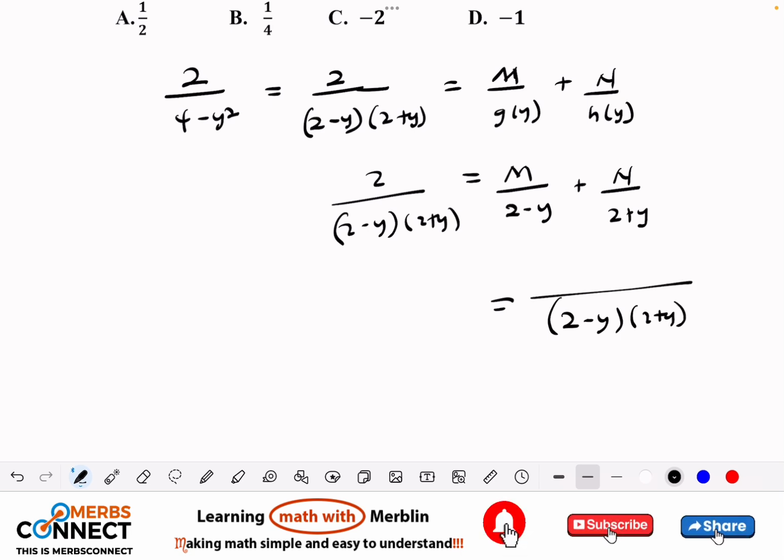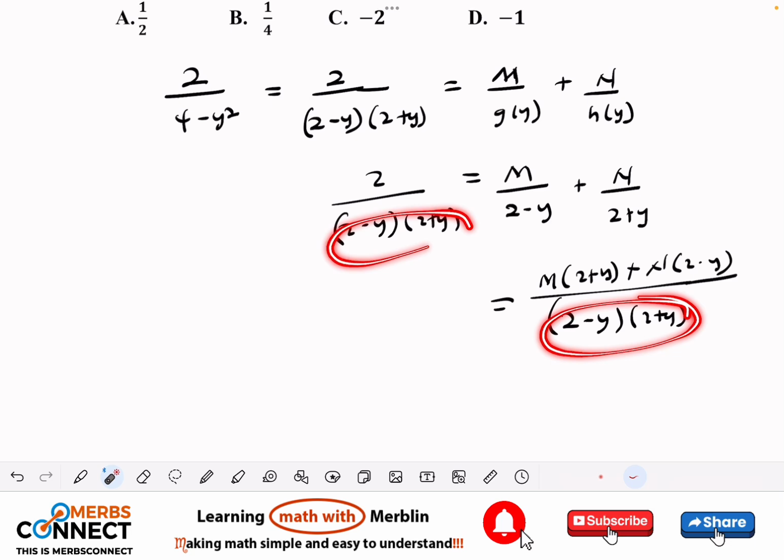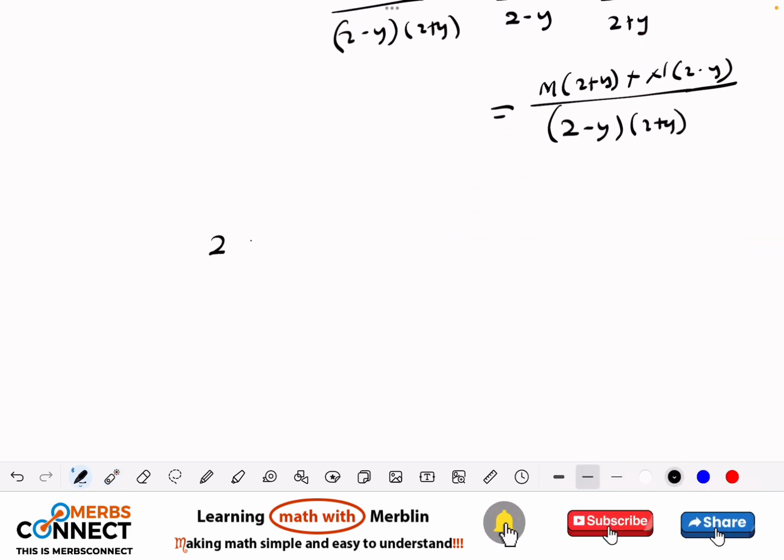So what can I do? This one will cancel this, it will be left with this. So I'm going to have m(2 plus y) plus n. This will cancel this, we're left with this. So n(2 minus y). Since the denominators are the same, we equate the what? The numerators. So we are going to have 2 is equal to m(2 plus y) plus n(2 minus y).